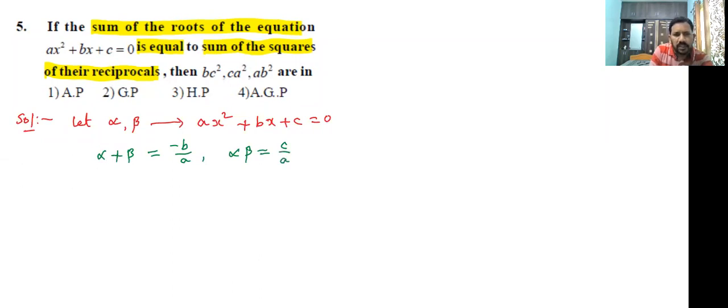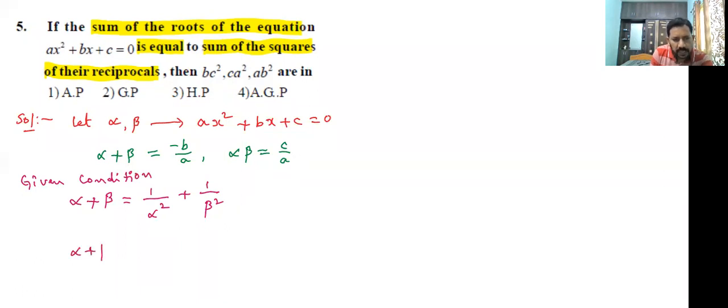Now, given condition, what is that? Sum of the roots is equal to sum of squares of their reciprocals, 1 by alpha square plus 1 by beta square. This is given condition. Now, alpha plus beta is equal to, take LCM, alpha square, beta square.